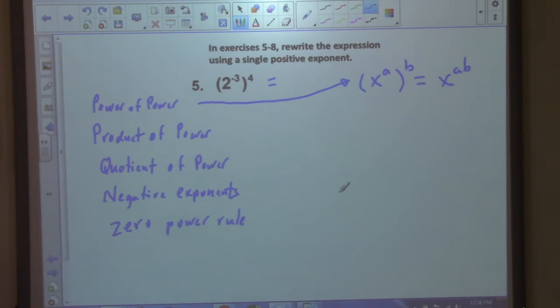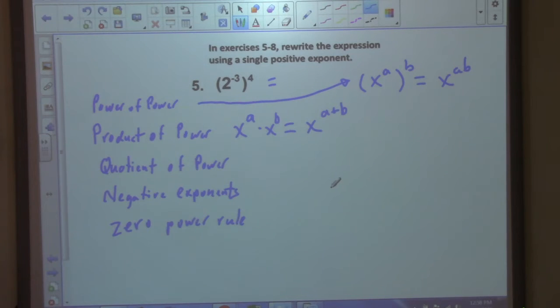That is your power of power rule. Now for product of power, if we have x to the a power times x to the b power, that's going to be x to the a plus b.